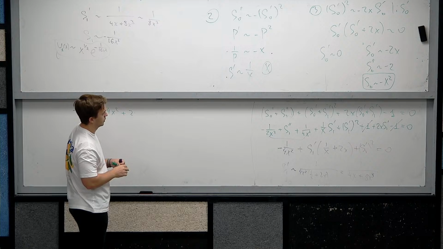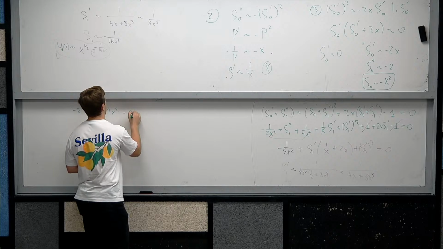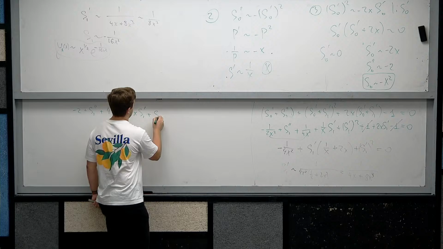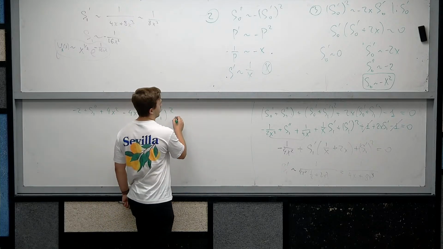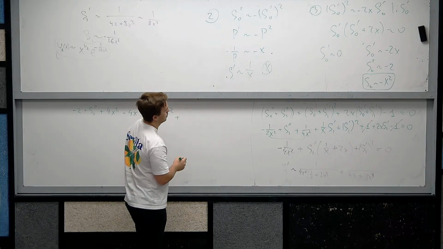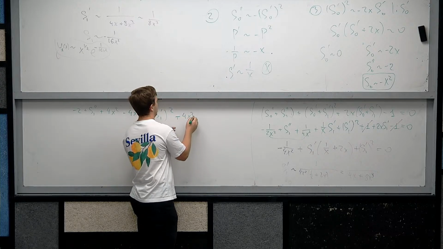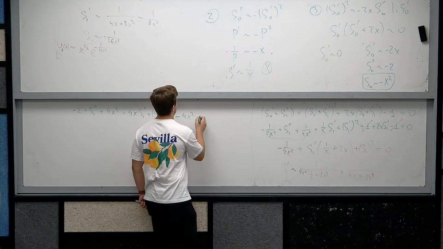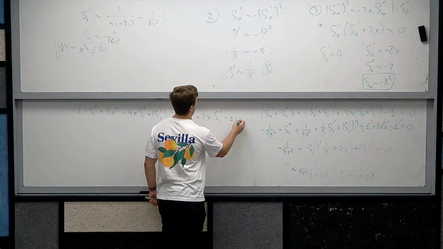Yeah, minus 4x. S1 prime. And then plus S1 prime squared. Then plus minus, I think, minus 4x squared. And plus 2x S1 prime minus 1.